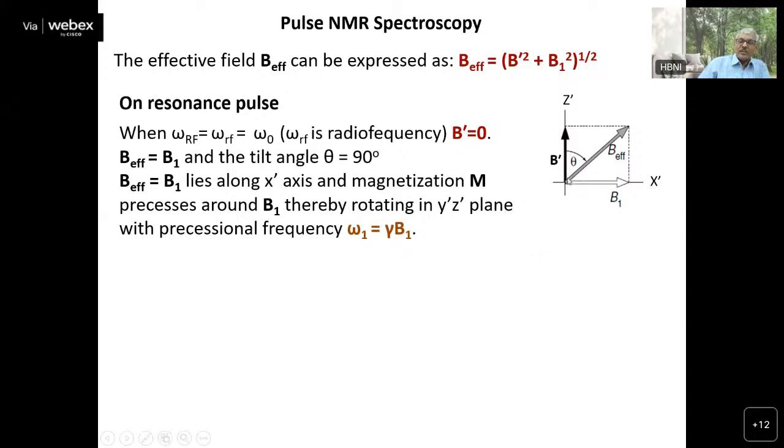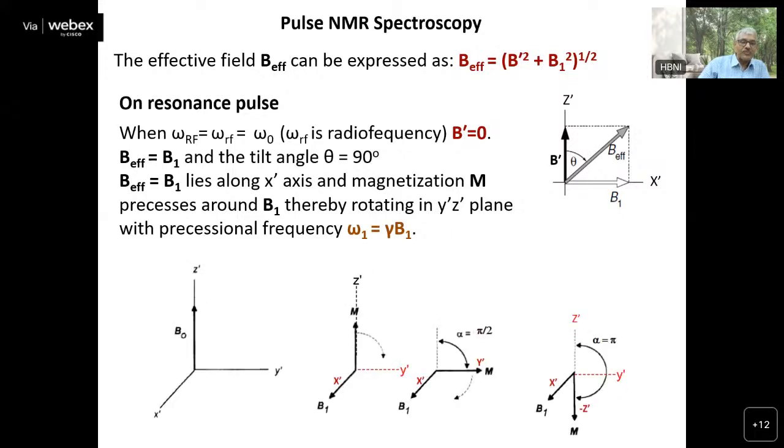Once this field is there along the X prime axis, the magnetization which was along the Z axis or Z prime axis will start precessing, and the precessional frequency is omega 1 equal to gamma B1. I have shown this pictorially: once you apply the B1 field, the magnetization will start precessing.